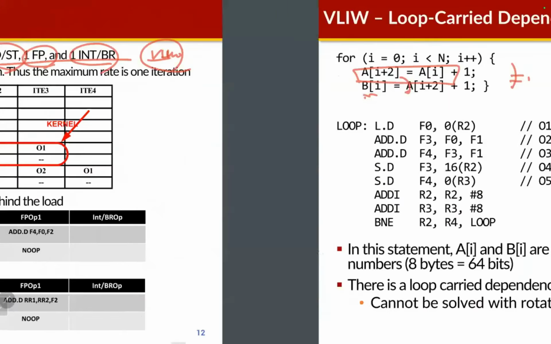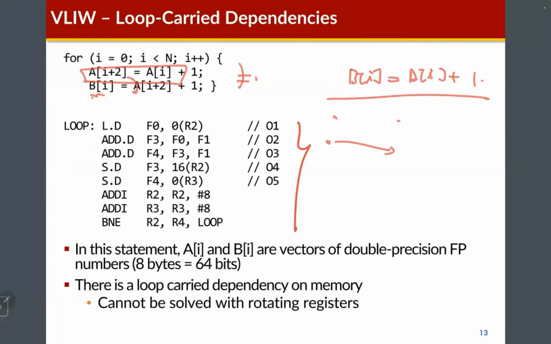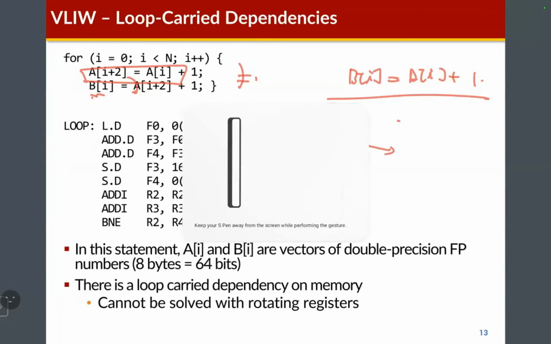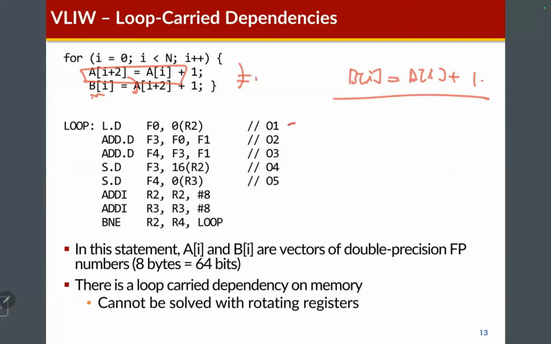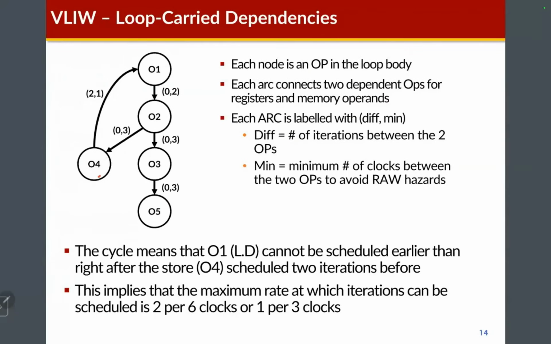So this is the compiled code. You can find in this code iterative instructions from O1 to O5. You can find some loop carried dependencies here from O4 to O1. Then we can make a graph like this, and each edge of the graph is labeled with a distance and a minimum number of clocks.